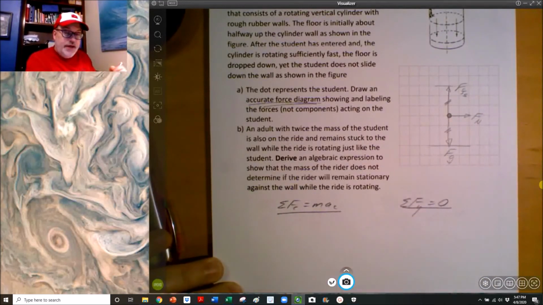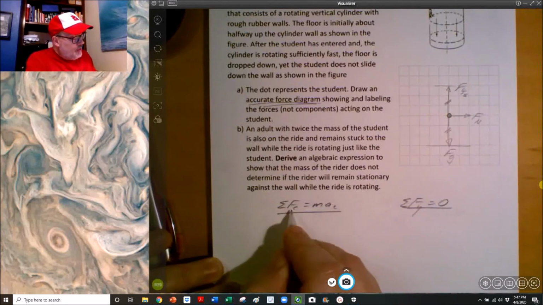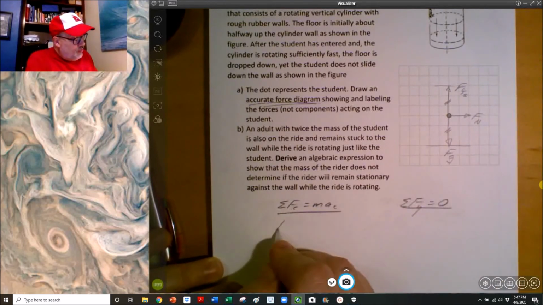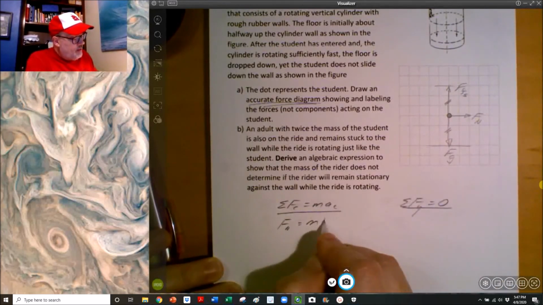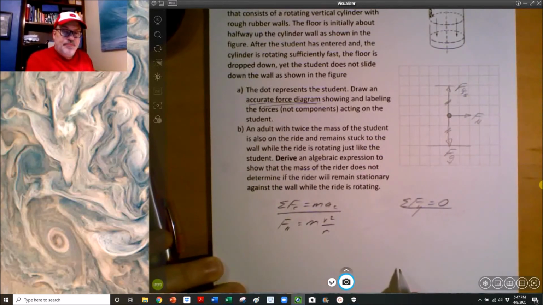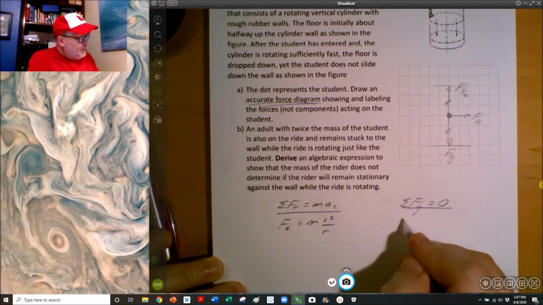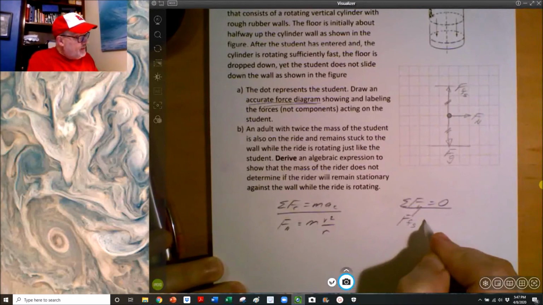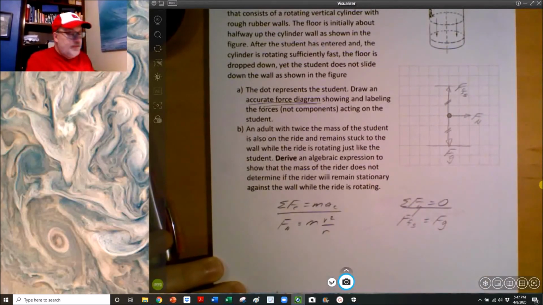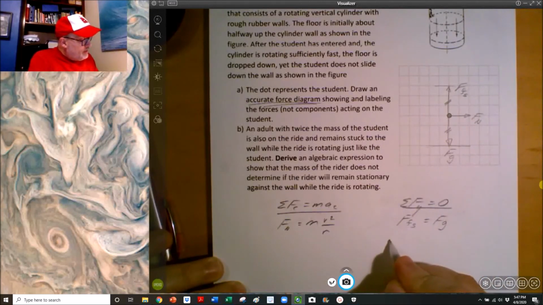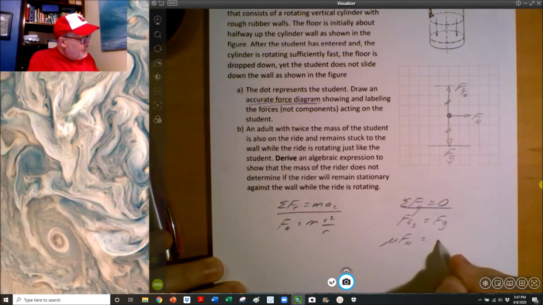Okay, so let's plug in the variables. So our force towards the center is the normal force. That equals mv squared over r. In the y direction, we know that the force friction static must equal the force of gravity. And we know that the force of friction is equal to mu times force normal, and that equals mg.